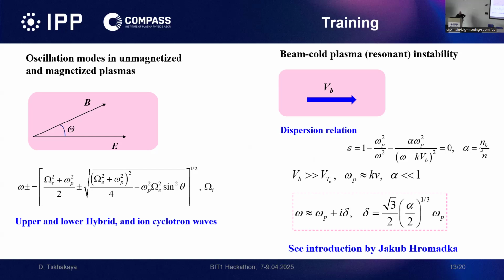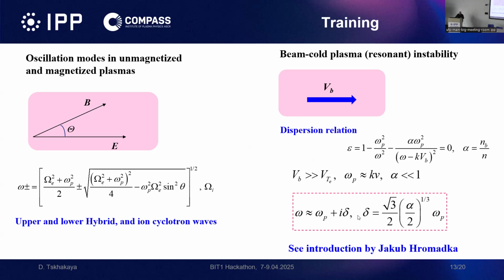If we assume that the concentration of beam particles is very small and the beam velocity is much higher than the thermal velocity, we end up with these expressions for the dispersion of the oscillations. The real part is the plasma frequency, and the non-real one will be some fraction of the plasma frequency. It has both signs, which shows that it is unstable.